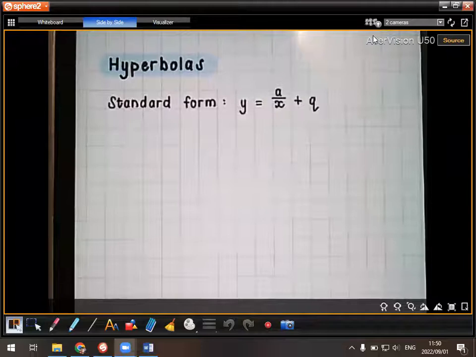A parabola is a quadratic function. Hyperbola, I don't know, maybe one of you can find a different name if you do some research.